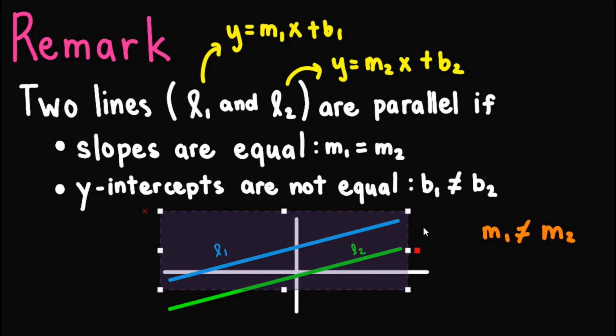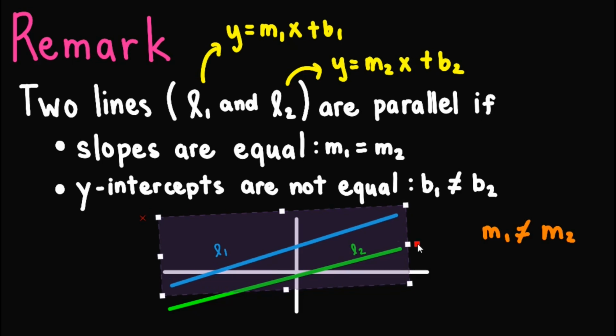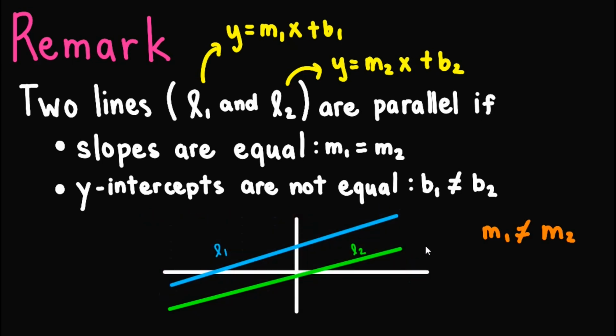So if we have this first line, then it might be slanted quite like this if they are not equal. Although it's not evident here, at some point, these two lines will converge out here, or they will intersect. So, they won't be parallel.